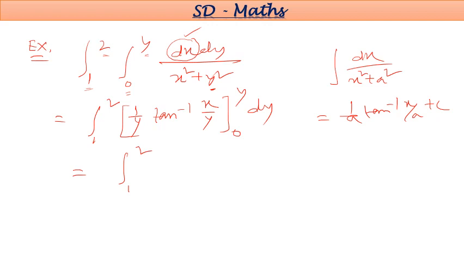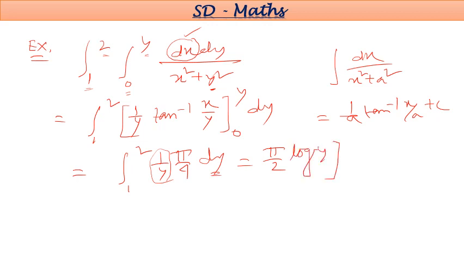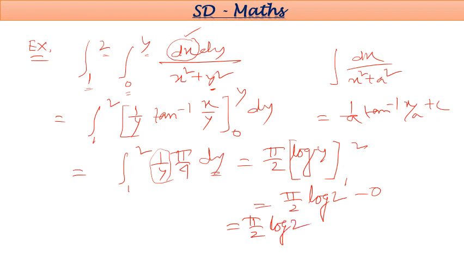Now putting the value of x, so 1 by y tan inverse 1 means pi by 4, and next will be 0 dy. Therefore pi by 4 times 1 by y dy, and the integral of 1 by y dy is log y, and log y from 1 to 2, log 2 minus log 1 means 0, so the answer will be pi by 4 log 2, right? The answer will be pi by 4 log 2.